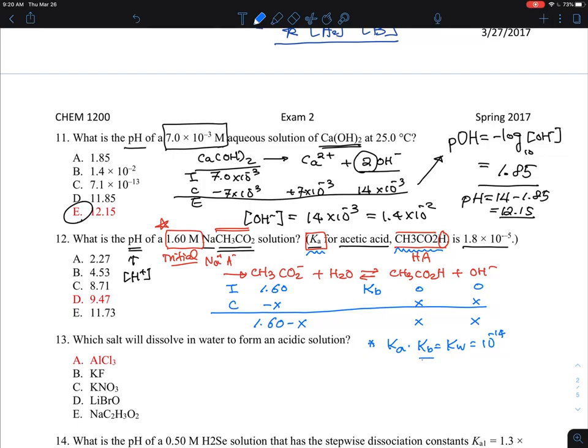From here, Ka is given as 1.8 × 10^-5. And then we know that multiplied by Kb is 10^-14. So therefore, I can calculate my Kb here. If you do that, it will be 5.56 × 10^-10. Then now you are in business.